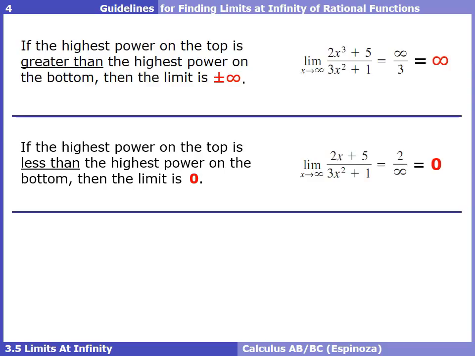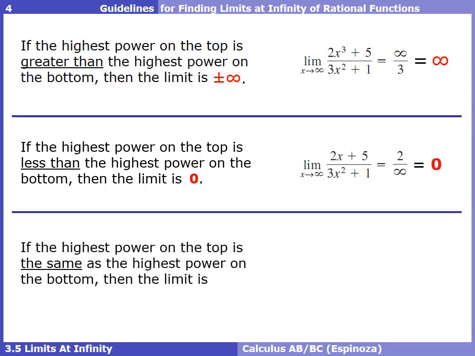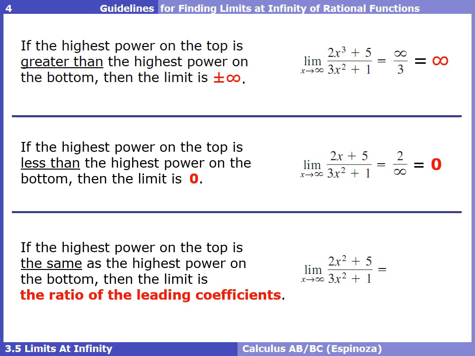One other type of example you might have observed in the ones I've done so far is, what if the highest power in the top and the bottom is the same? Well, you might have noticed that the answers there were just the ratio of the leading coefficients.